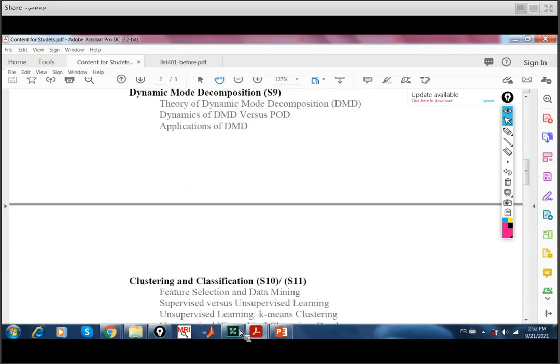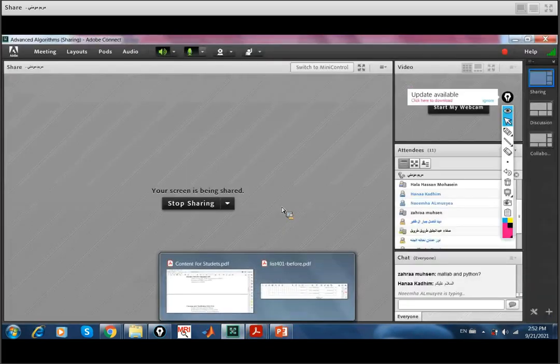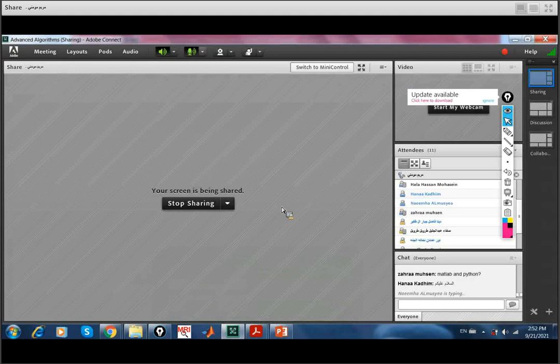One of you asked about MATLAB or Python. In this first subsection, I said we will run it with MATLAB, but at the end we will run it in Python.